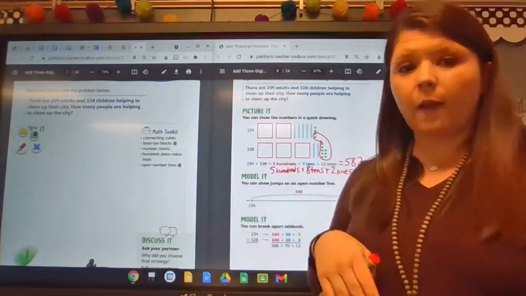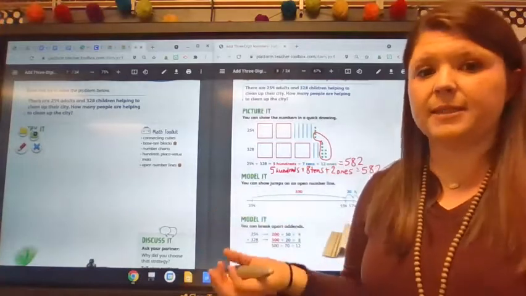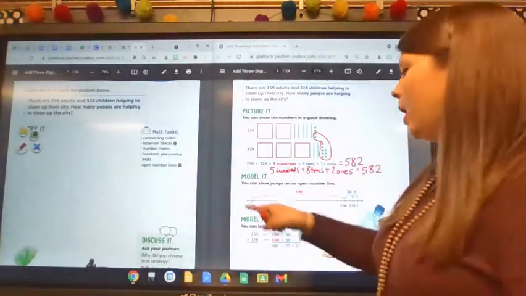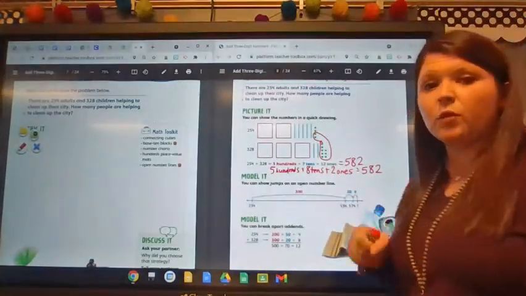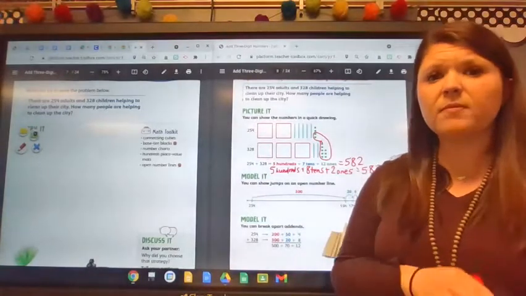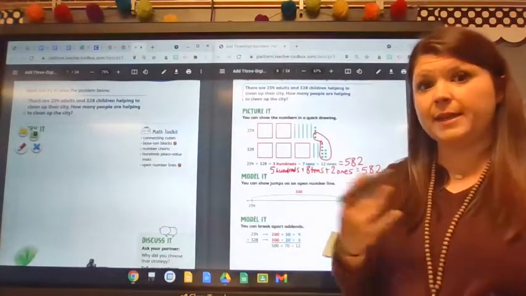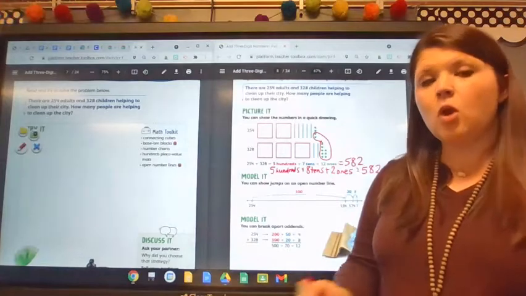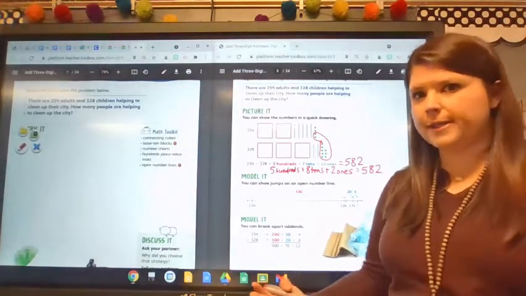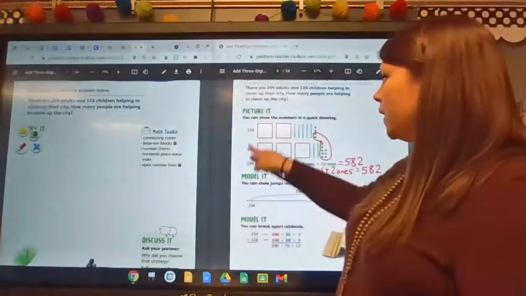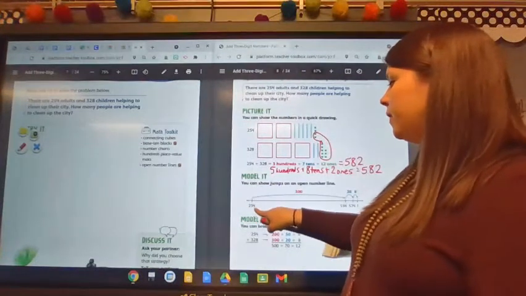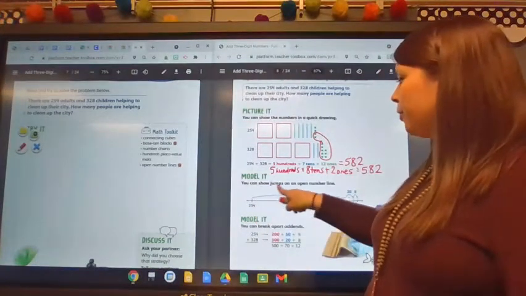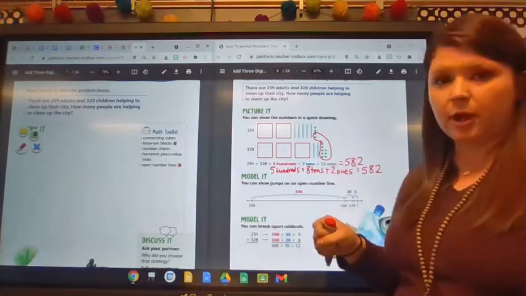We could also model it not only with base 10 blocks, we could also model it on a number line. Remember when we practiced adding hundreds or adding tens to a number? Well, we could add multiple hundreds to a number. So we're starting at 254. We're going to add 3 hundreds to that, okay?